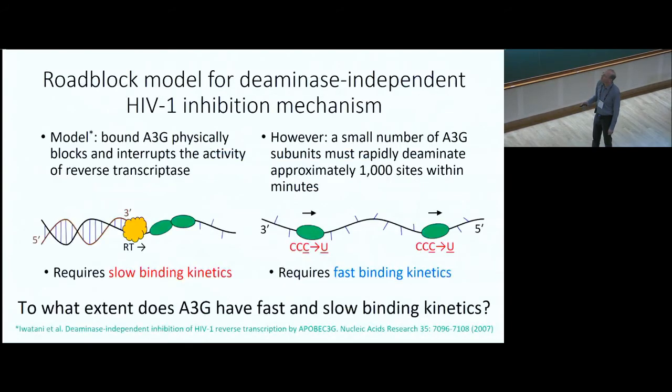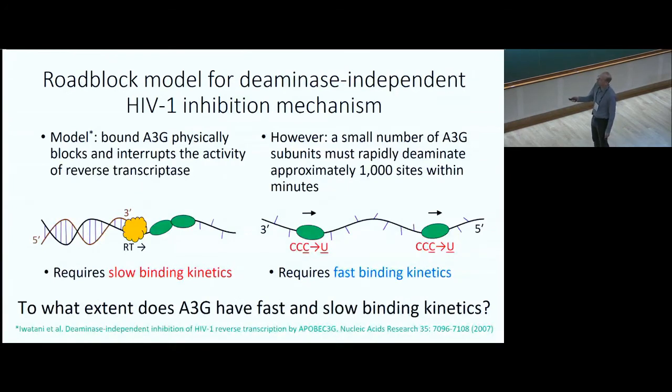One problem with that idea is that A3G, in order to block this, has to be very slow. For this to be a very slow process, it has to sit there to block the RT. If it's coming on and off, RT can just wait for it to come off and then start moving forward.